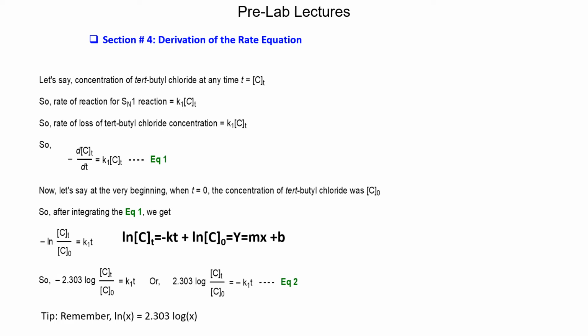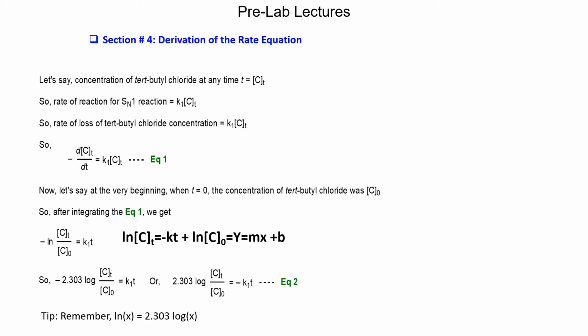This is simply because ln(a/b) means ln a minus ln b. If you write in that form, you will have ln of the concentration at time t minus ln of the concentration at time 0 equals minus k times t.